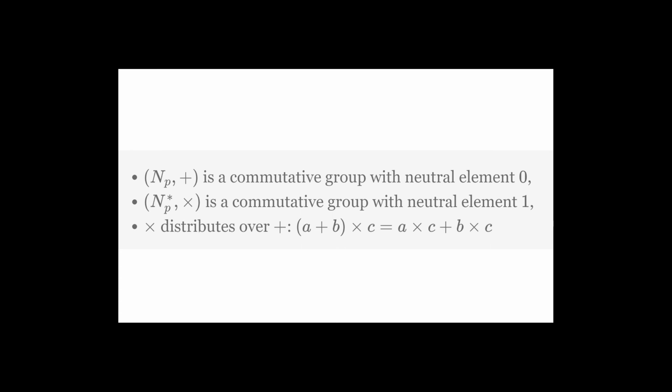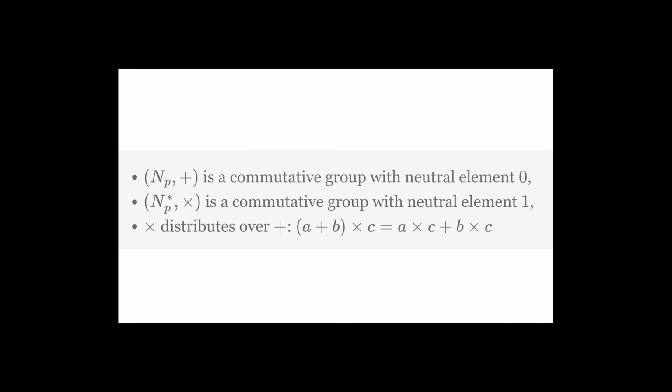So any element A times 1 is equal to 1 times A is equal to A, and A plus 0 is equal to 0 plus A equals A, and the other rules are also correct: associativity and inverse element.